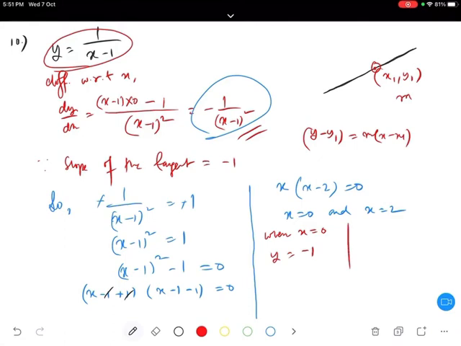And when x is equal to 2, y is equal to plus 1. So the required points are 0 comma minus 1 and 2 comma 1.